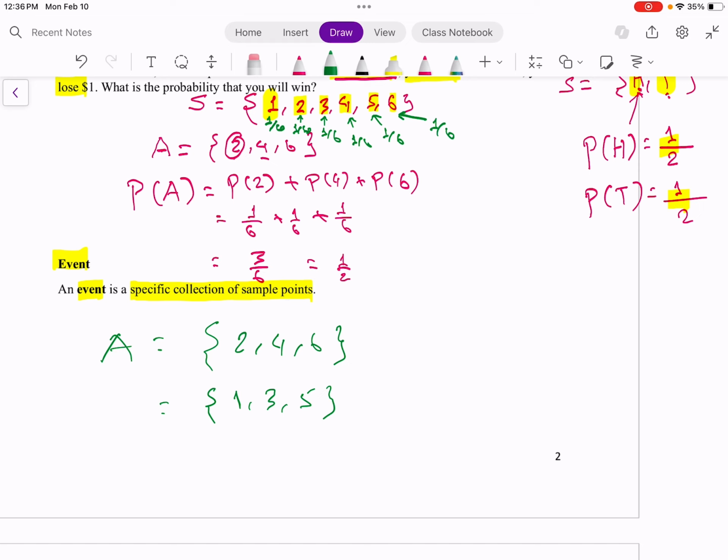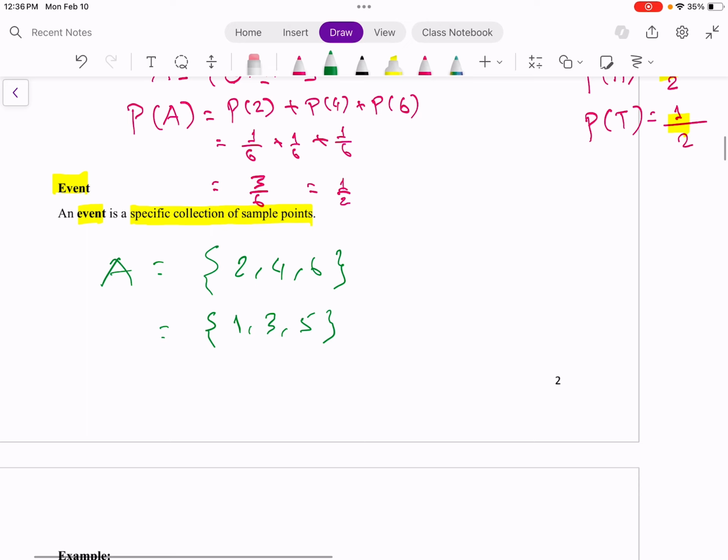If you collect all sample points, that is your sample space, and from that sample space, if you collect some specific sample points, that makes an event. Now if we are collecting sample points greater than or equal to 4, what will be our event? Let me call that A2.